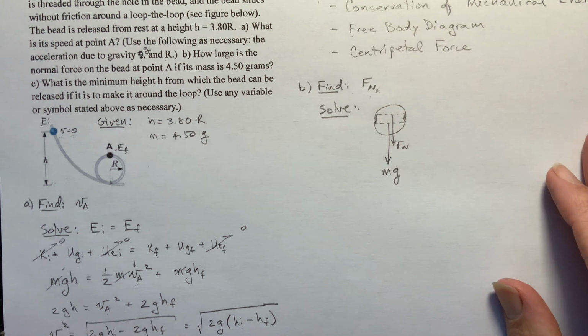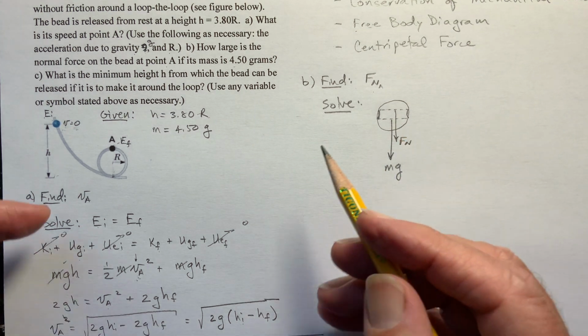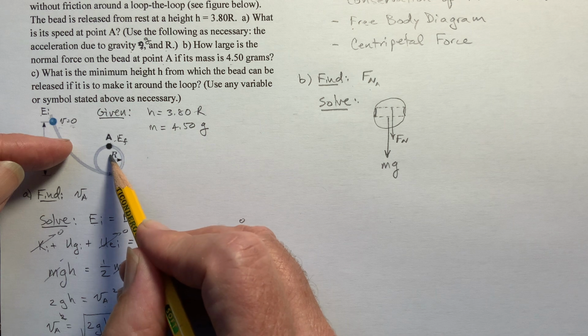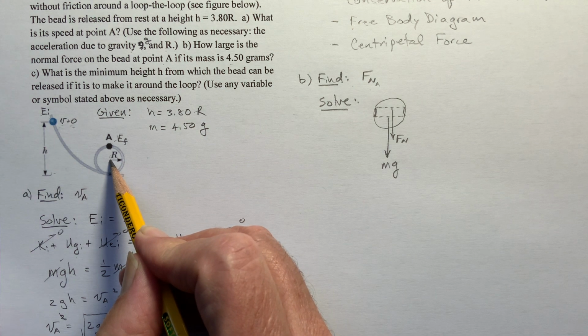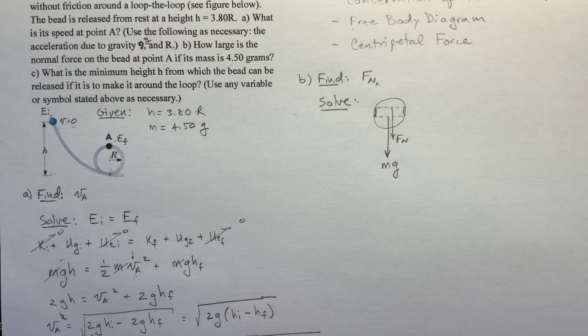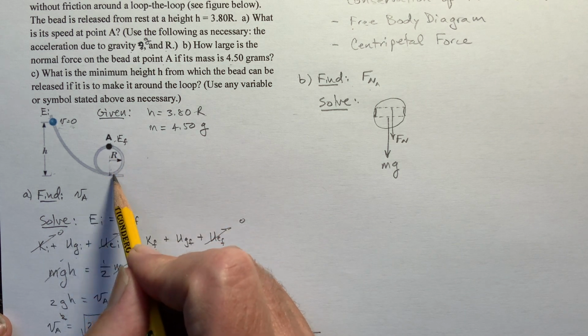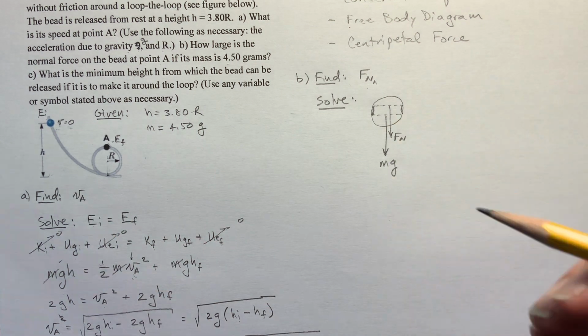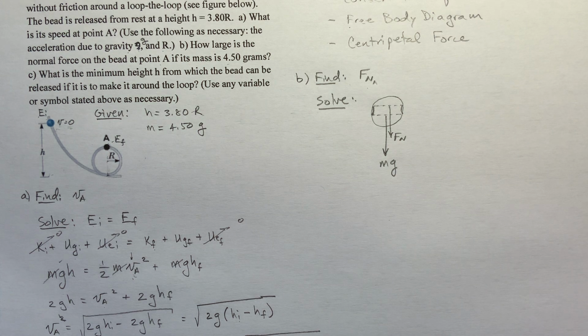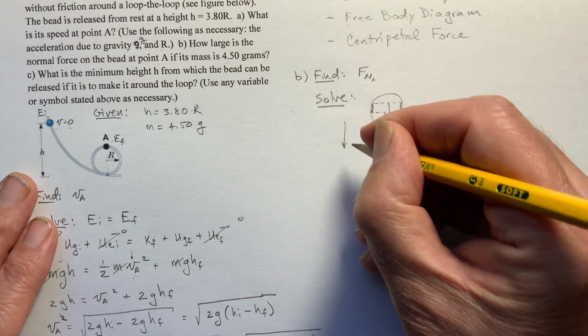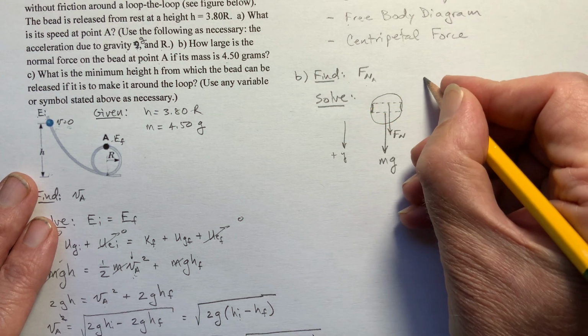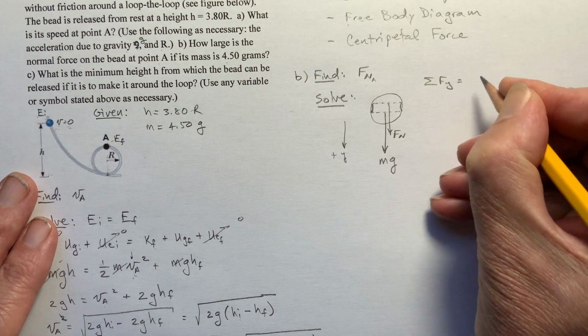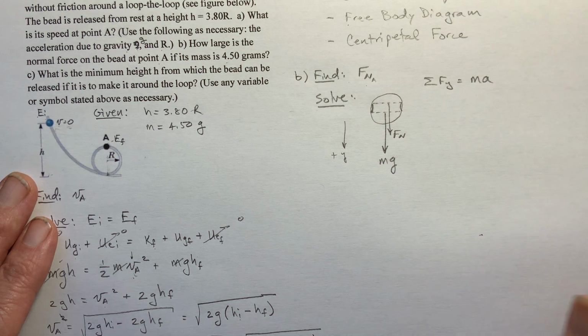Now, if you take a look at these forces, both of these forces are pointing down towards the center of that circle that it's moving in. And this only happens when it's either at the very top or the very bottom of that vertical circle. But it's at the very top of this vertical circle. And that's a nice place because both of these forces end up contributing to the centripetal force, the center-seeking force. So let's make this positive y. I'm going to go down, and now let's sum the forces in the y direction equals ma in the y direction.